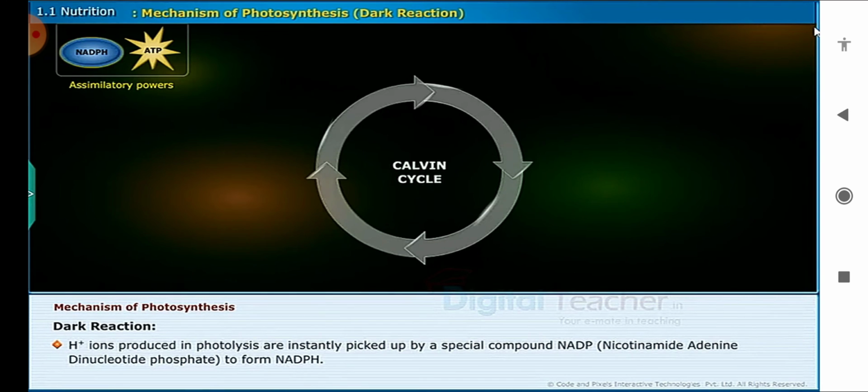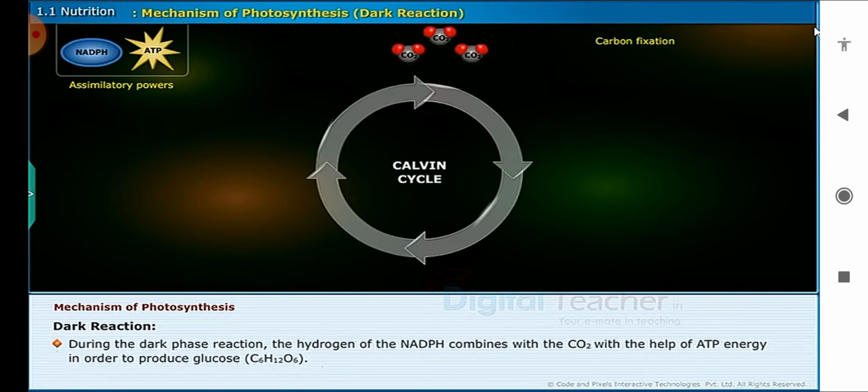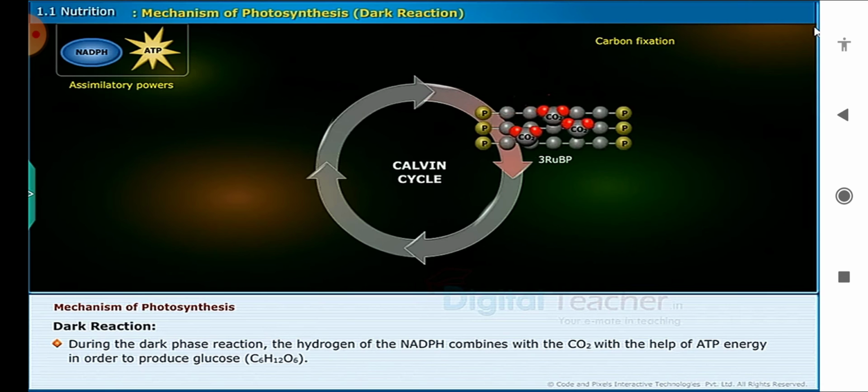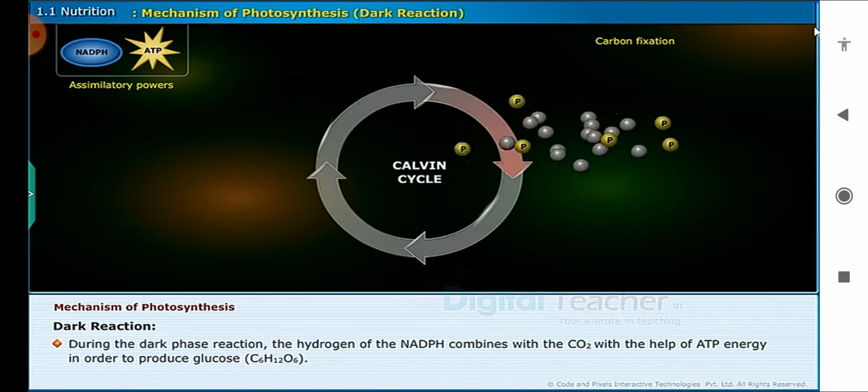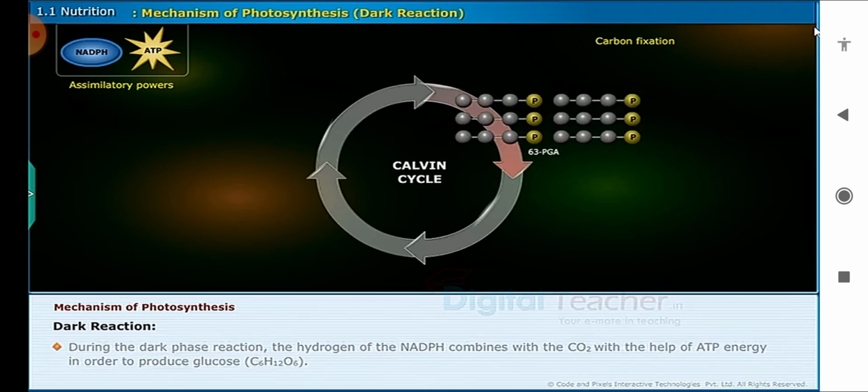Hydrogen ions produced in photolysis are instantly picked up by a special compound, NADP, to form NADPH. During the dark phase reaction, the hydrogen of the NADPH combines with the carbon dioxide with the help of ATP energy in order to produce glucose.